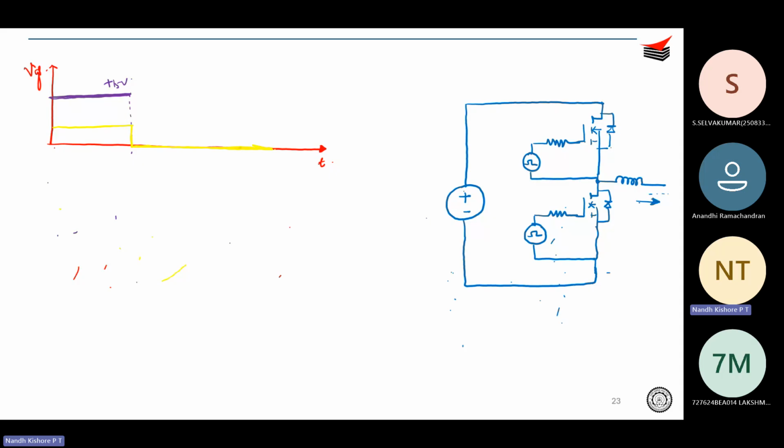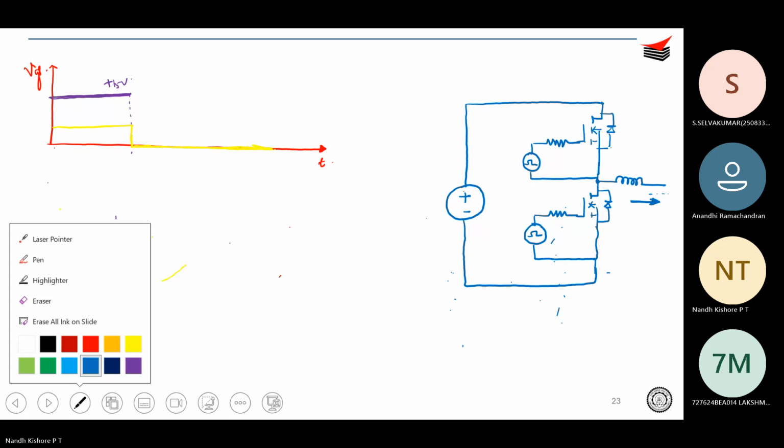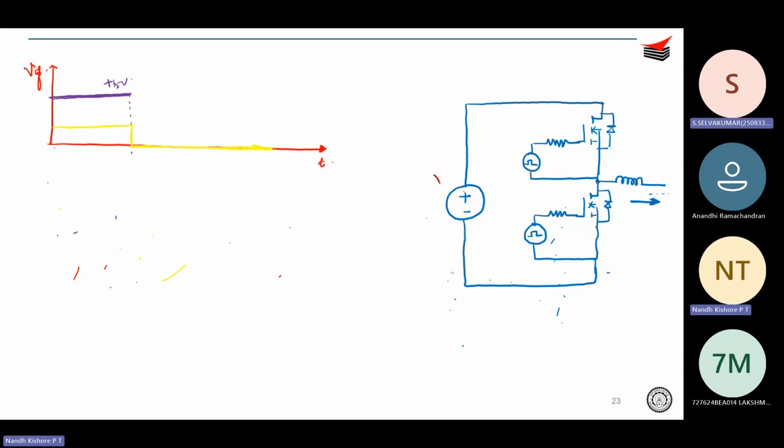What is the circuit we have drawn? It's a typical half-bridge circuit. So this is S1, S2. This is RG, this is also RG. This is VG1, this is VG2. And this is your ground, and this is your switching node.